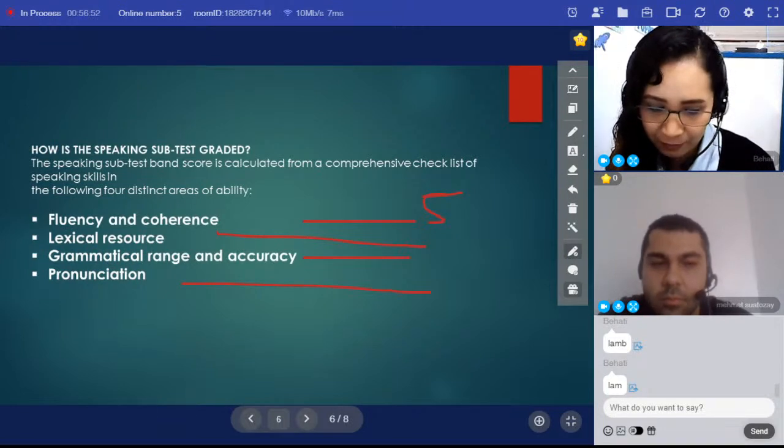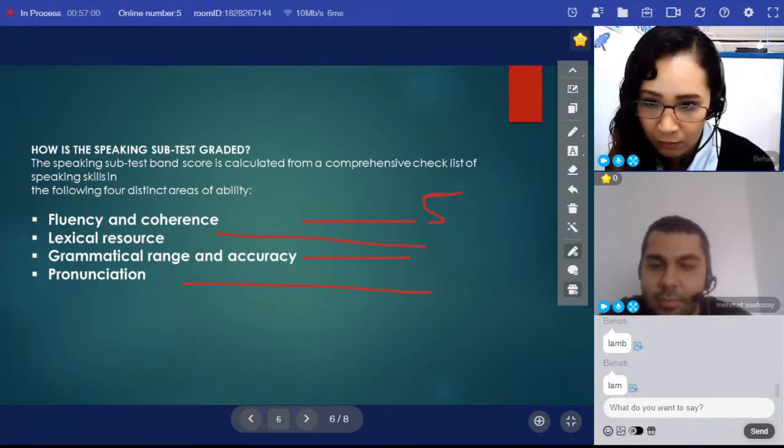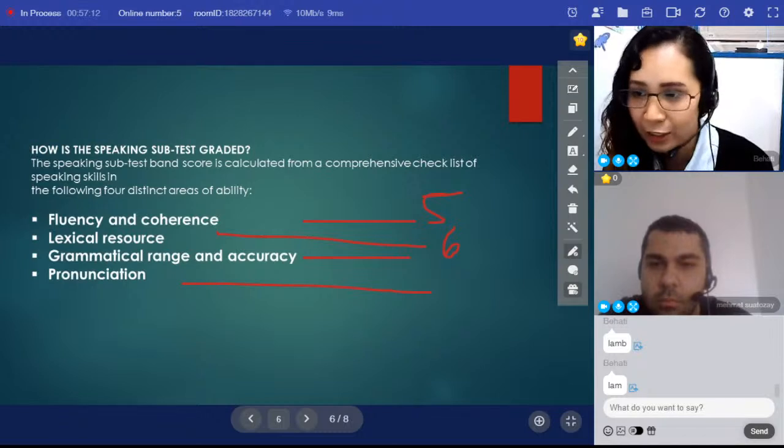For your lexical resource, I'll give you a 6. You have a wide enough vocabulary, and I couldn't give you a higher score because I couldn't see high level vocabulary used, nor idioms or such.